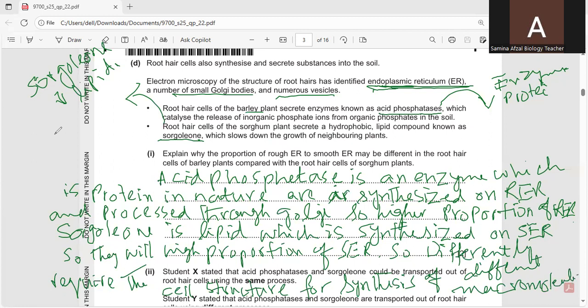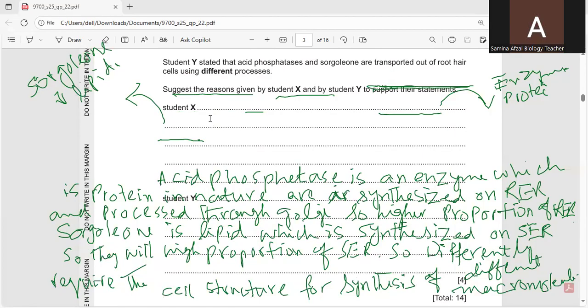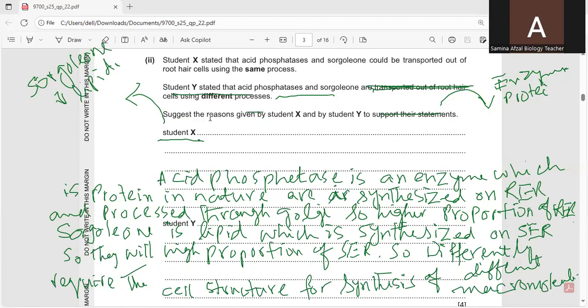One is protein and the second one is a lipid molecule. Both of them are macromolecules. Now the next question.